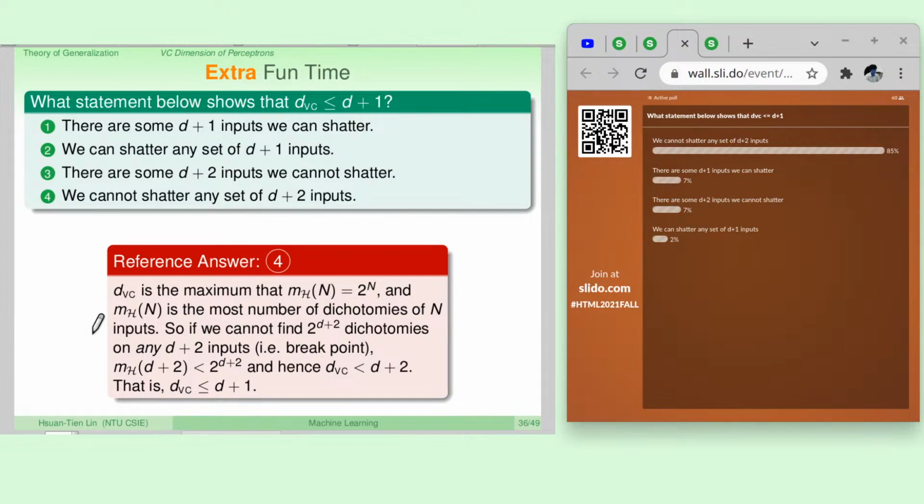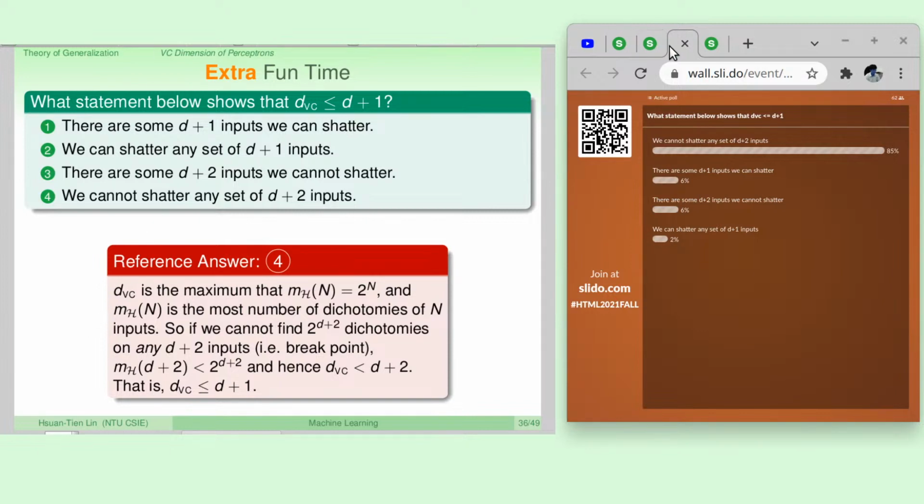We need to find the inputs that achieve the maximum value of the growth function in order to identify whether that case belongs to the breakpoint or the VC dimension. VC dimension, we can shatter some inputs. Breakpoints, we cannot shatter any set of inputs, with that number, of course.